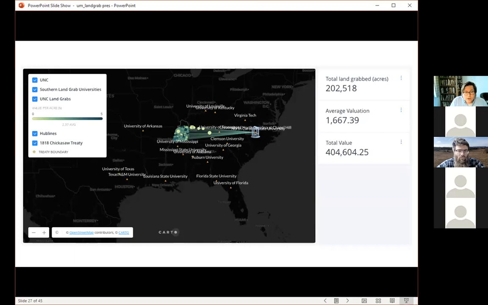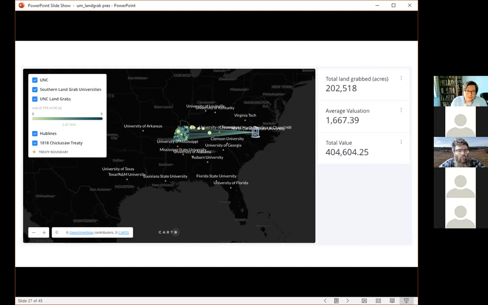The University of North Carolina, which you can see in this map, took more than 200,000 acres of Cherokee and Chickasaw lands obtained through Indian removal. They also found that more than 30% of UNC's annual budget was comprised of land sales between 1818 and 1840. Now, this is before the Morrill Act became law.